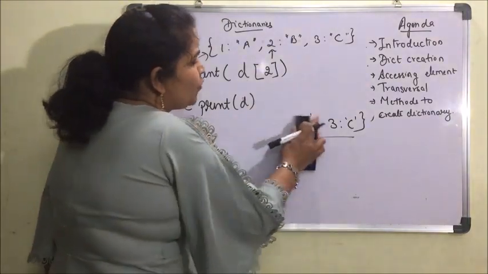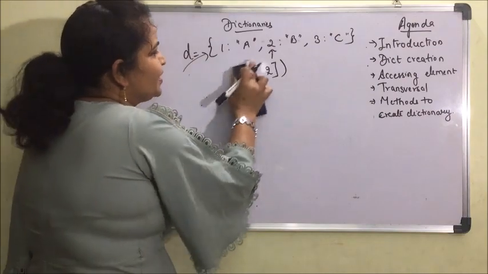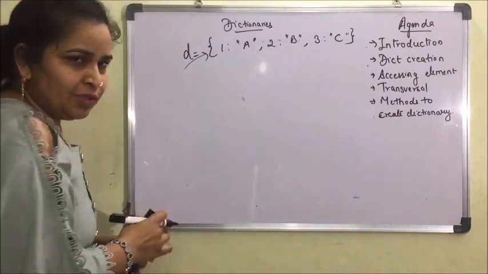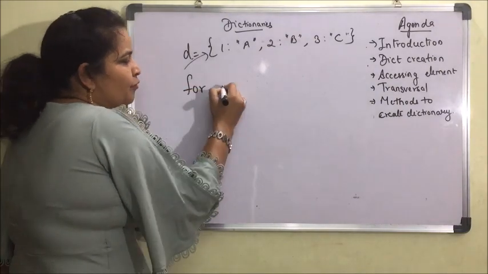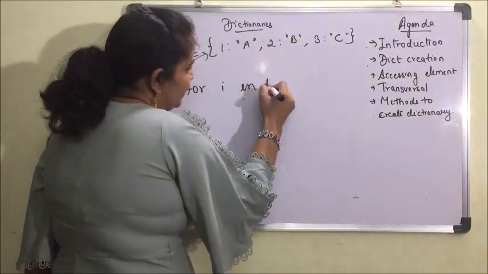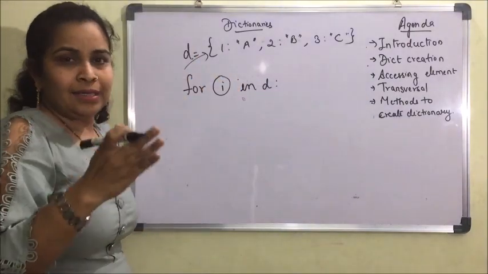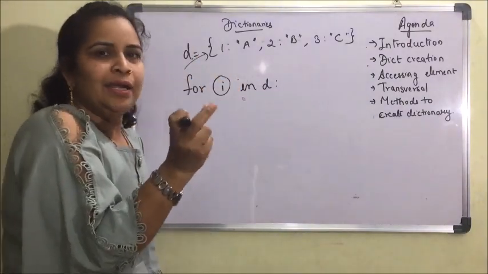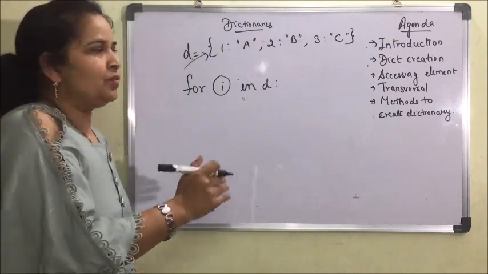If you want to traverse the dictionary, meaning if you want to access each and every element of the dictionary, you have to use a for loop: for I in D. In this case, I will not contain the whole item of the dictionary. In fact, it will contain the key of the dictionary.